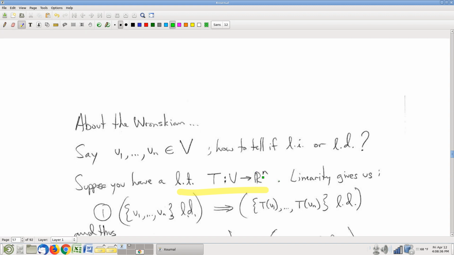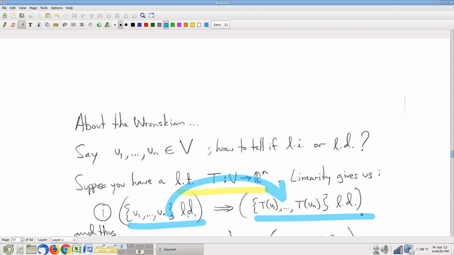And I want you all to prove for yourselves that a dependent list of inputs gives rise to a dependent list of outputs. This is a direct proof. No big deal. The way you're going to do it is you're going to say, okay, well, if this input list is dependent, we've got a relation. Just write down that relation. Take that relation, plug it straight into the linear transformation, and use linearity.